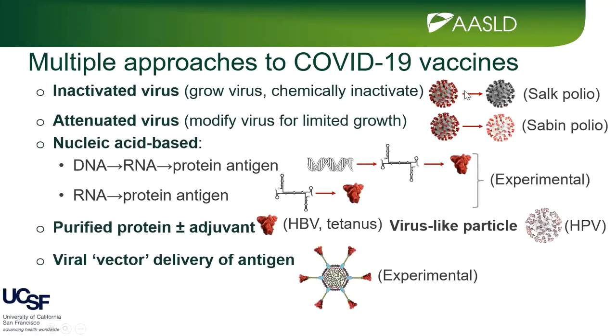So the good news, among other things, is that there are multiple efforts to develop COVID-19 vaccines. And I've detailed the various approaches here. The first is a real classic approach, and that is to make an inactivated virus. The procedure for that is to grow the virus in culture, chemically inactivate it, and then inject it.